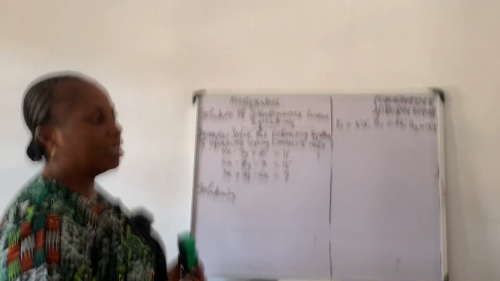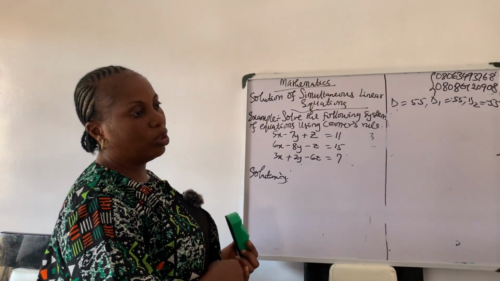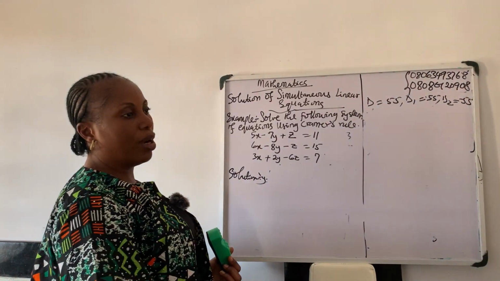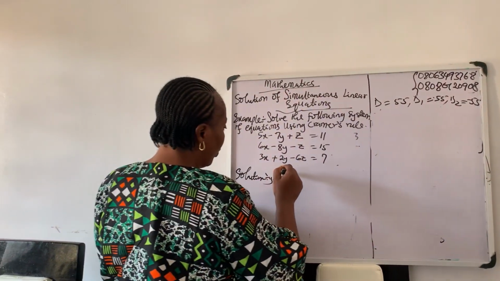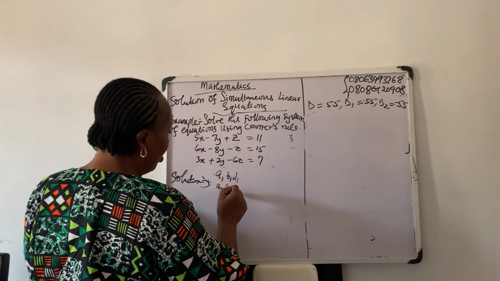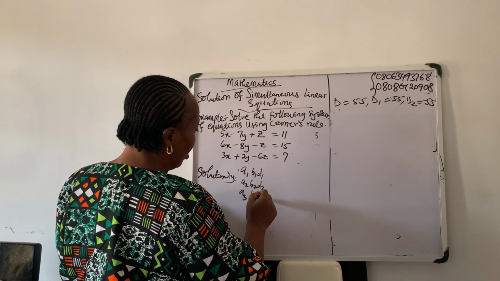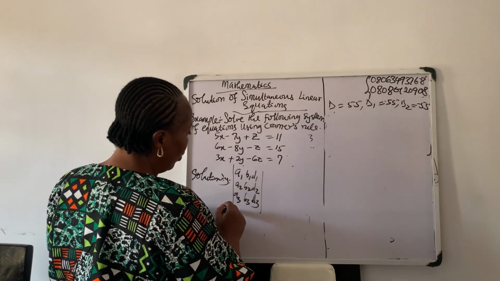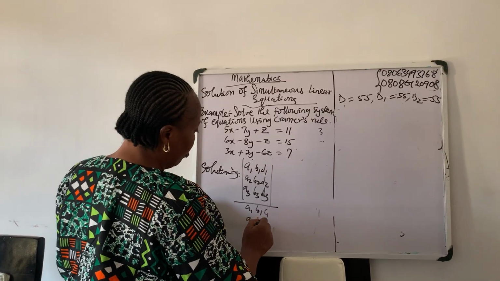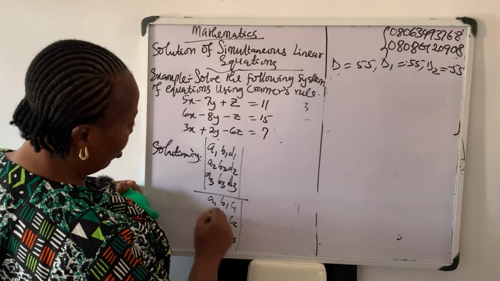Recall that our d3, which is z, is a1, b1, d1, a2, b2, d2, a3, b3, d3, all over a1, b1, c1, a2, b2, c2, a3, b3, c3, all enclosed.